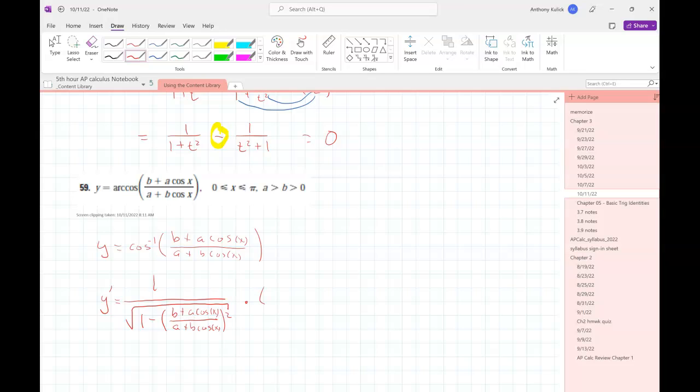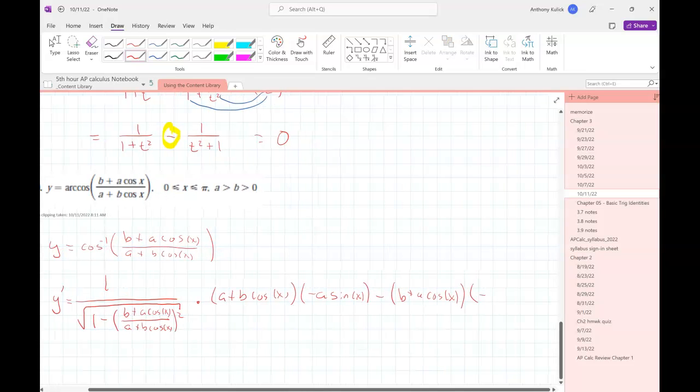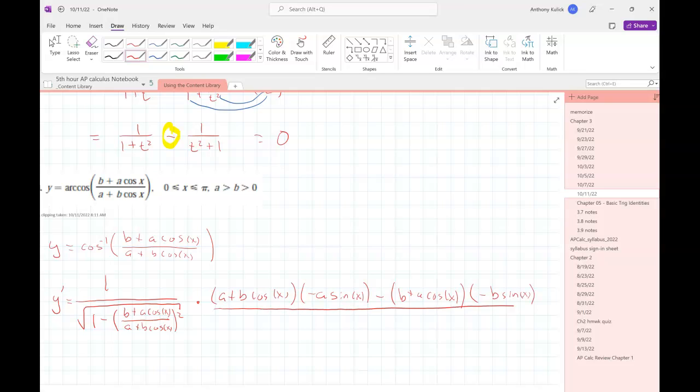So that's a product rule. So the denominator times the derivative of the numerator minus the numerator times the derivative of the denominator, all over the denominator squared.